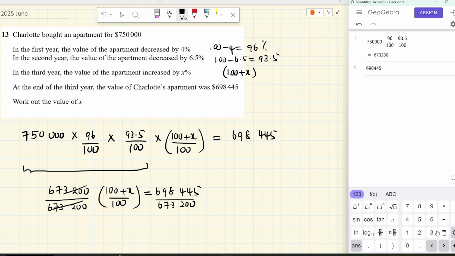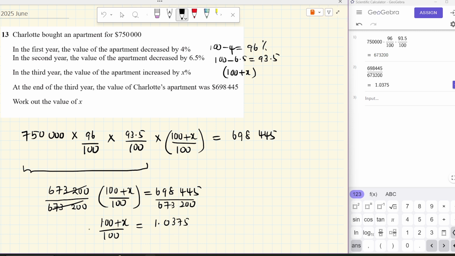698,445 divided by answer. You get 1.0375. So 100 plus X over 100 equals 1.0375.